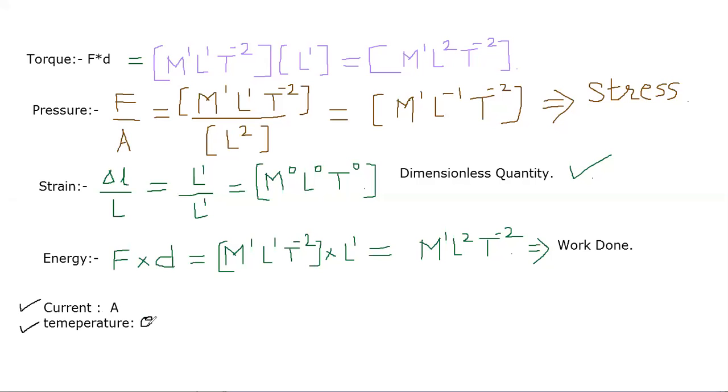Okay, such as your formula for current I is equal to charge divided by time, right? So therefore charge is equal to current multiplied by time, right? So charge Q is equal to I multiplied by T, that is current multiplied by time. So the dimension for current is ampere, that is A1, and dimension for time is T1, right? So maybe in any competitive exam, you may get such a question.